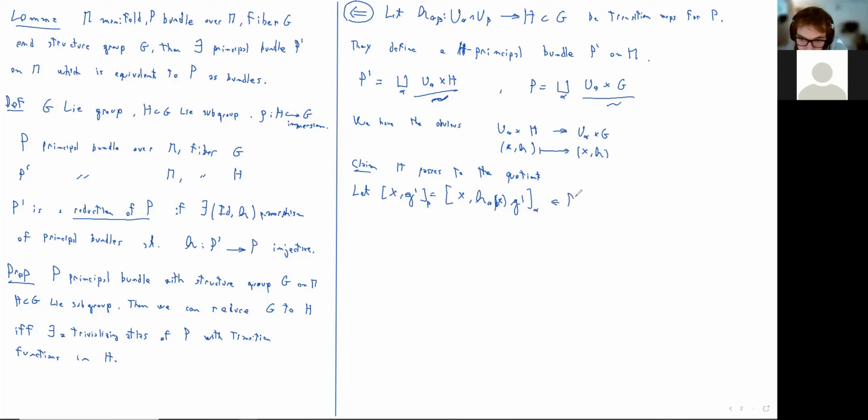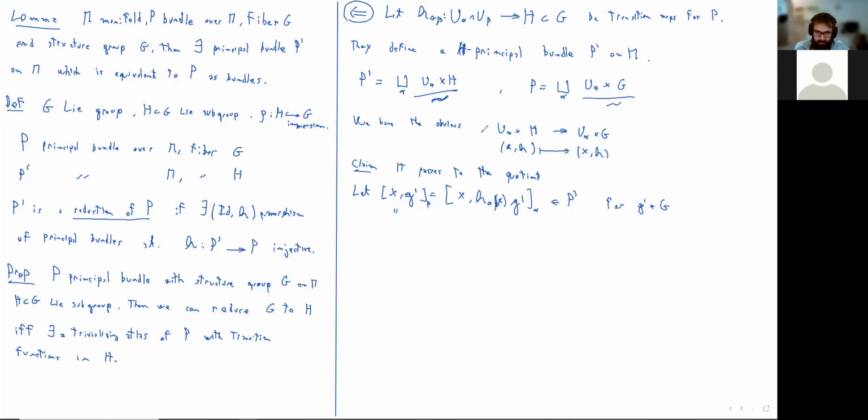And this is just something in P prime, an equivalence class in P prime, and g prime is just in G. But then we apply this map. And what do we get? Well, here we get (x, g prime), and here we get (x, h alpha beta of x times g prime). And since this h alpha beta are the transition functions of P, then these are really the same.